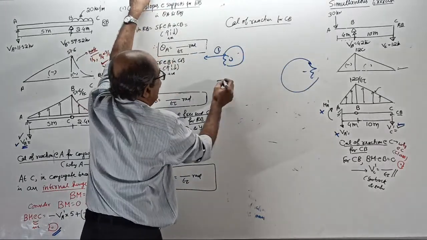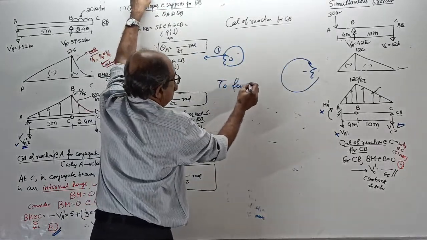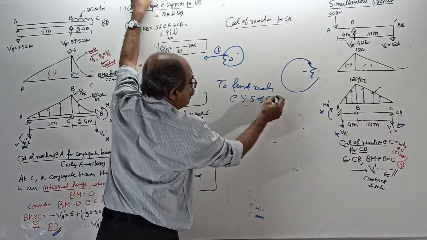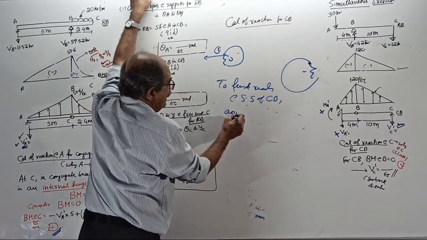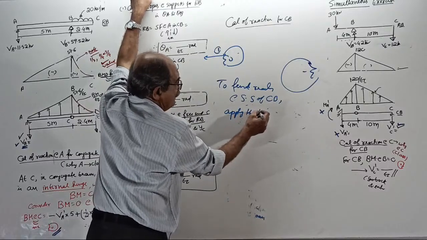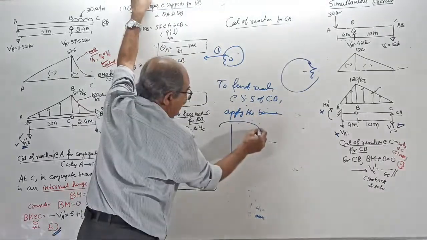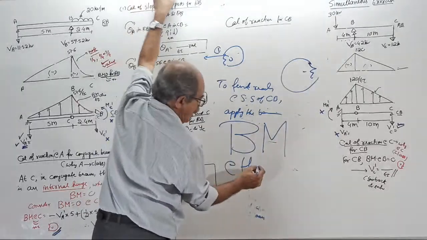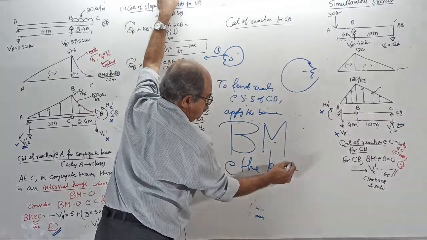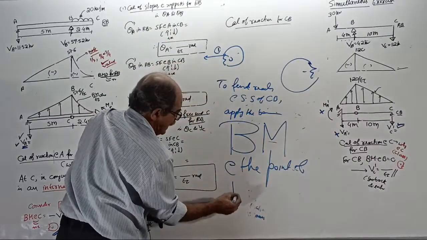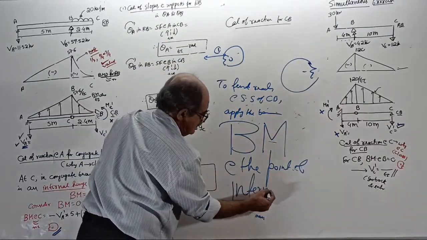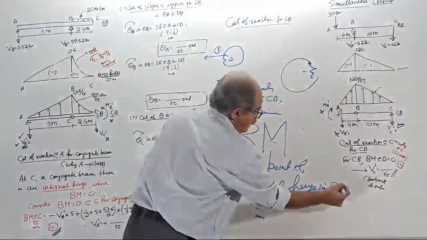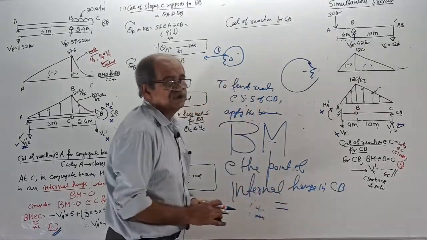To find the reaction at the simple support of the conjugate beam, apply the basic condition that the bending moment at the point of internal hinge in the conjugate beam equals how much?